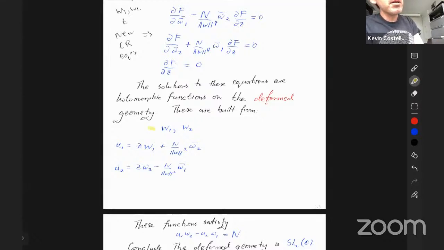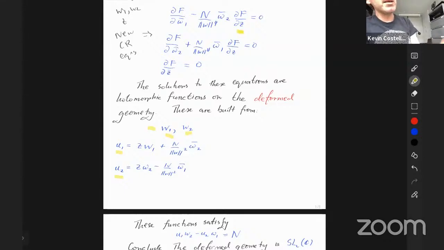So w1 and w2 are still solutions to these deformed Cauchy-Riemann equations, so these still define holomorphic functions. However, we see that there's a d by dz, so the function z will no longer be holomorphic. You can instead see that there are two new holomorphic functions, which I've called u1 and u2, given by these expressions.